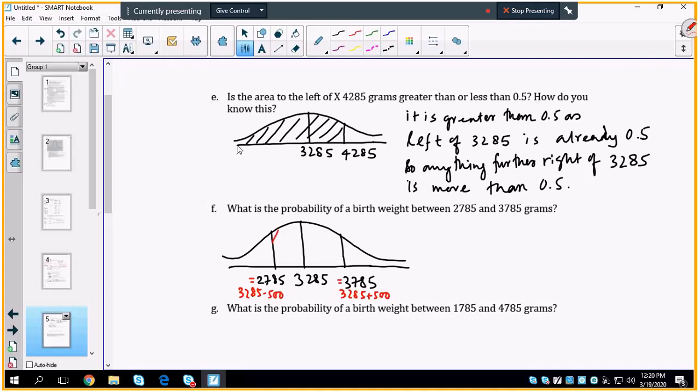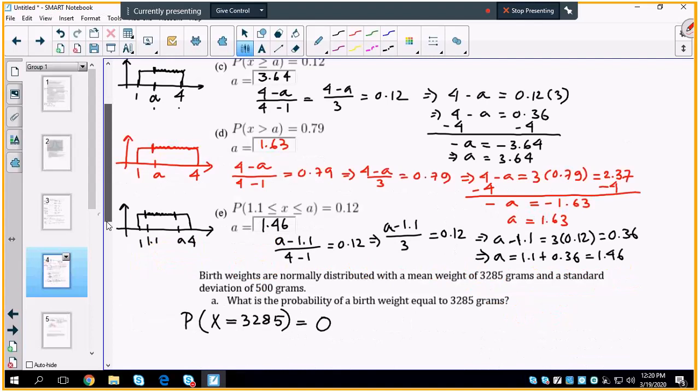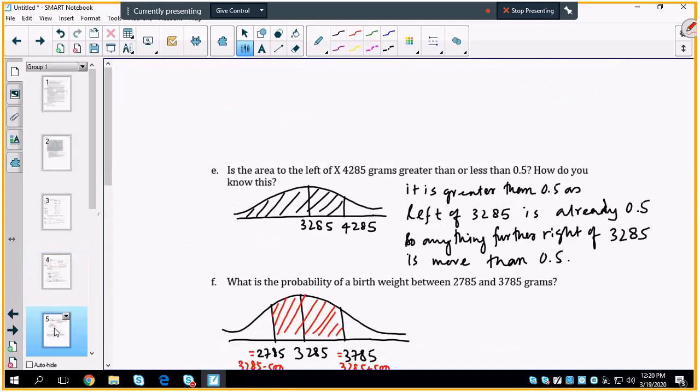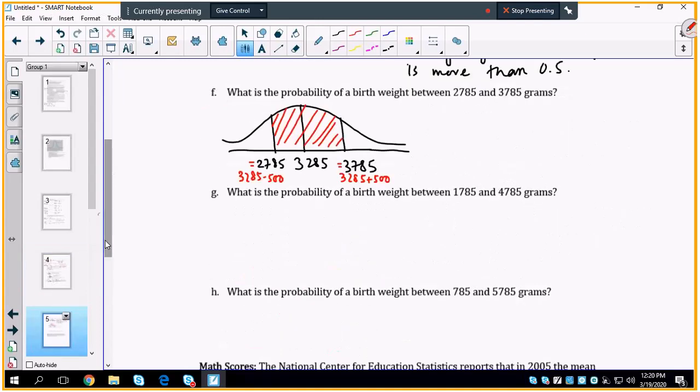And I'm interested in learning how much is the area in between these two marks. Remember why I use the number 500? If you go back to the original problem, it said that 500 is the standard deviation of this distribution. So the mean is 3285, sigma is 500. Remember, this is mu.